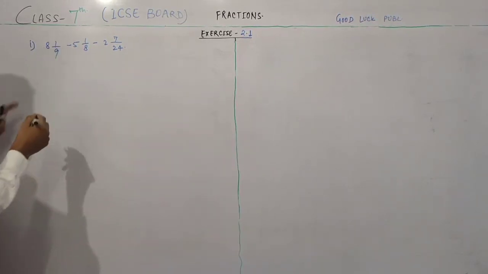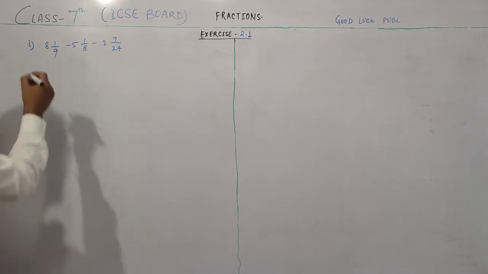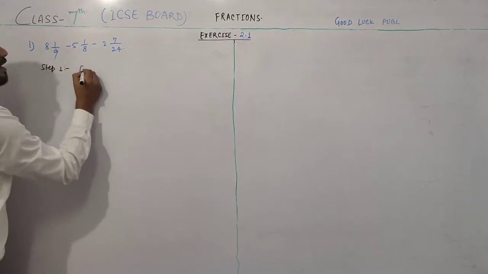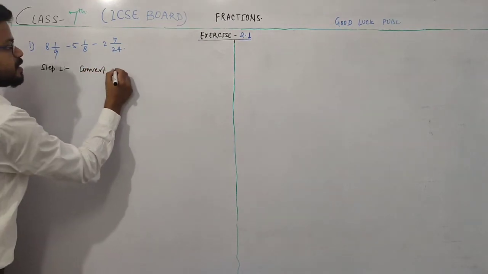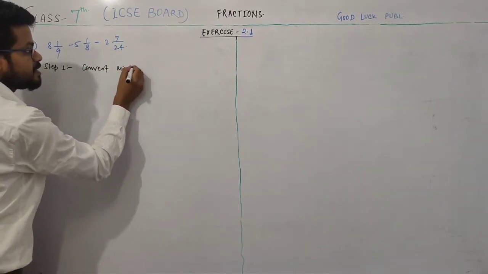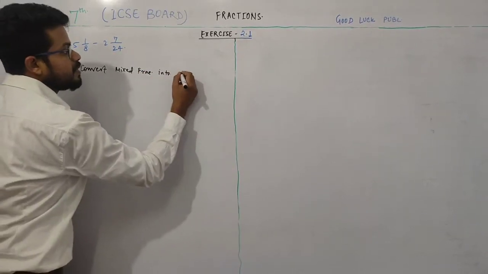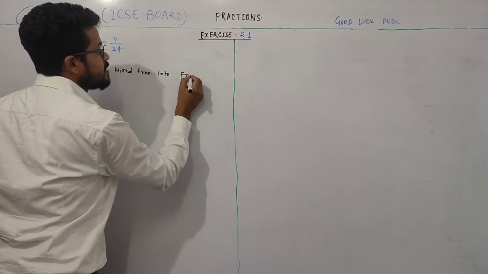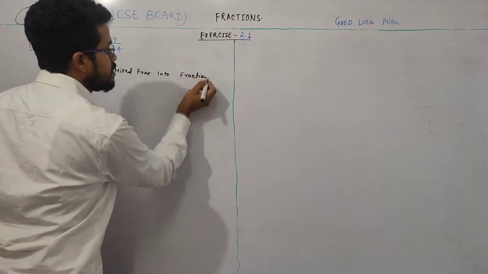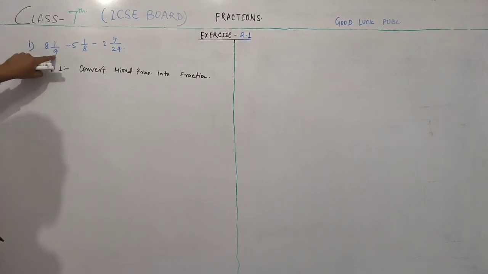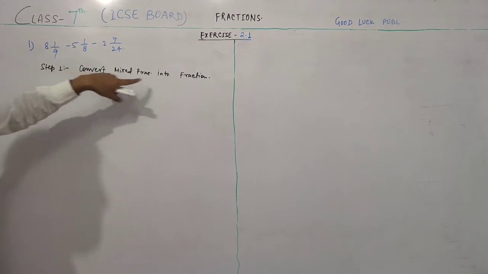So first step is to convert this mixed fraction. Step 1: convert mixed fraction into fraction. So here this is 8 1 by 9. So 8 into 9, already we learned how to convert this mixed fraction into fraction.